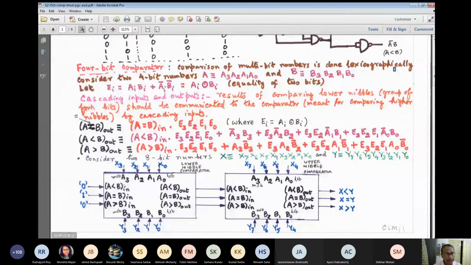Suppose the equality holds good over A3, B3, A2, B2, and A1, B1 even. Lastly, you just pay attention to A0 and B0. Here I find if A0 is less than B0, so that means this is the way we argue in English verbally. We put it mathematically like this: if E3 and E2 and E1 and A0 bar and B0, then we can at once conclude that word A is less than word B.